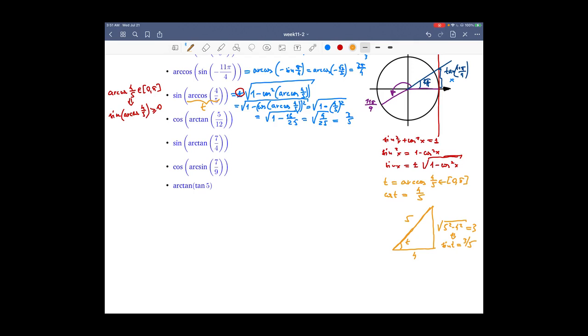That might be a little bit more geometric and a little shorter, as long as you remember and understand that the answer to this problem must be non-negative. That is because arc cosine is always an angle in the first or second quadrant, and sine of any such angle is always non-negative.